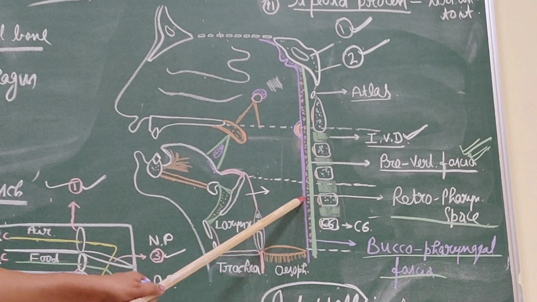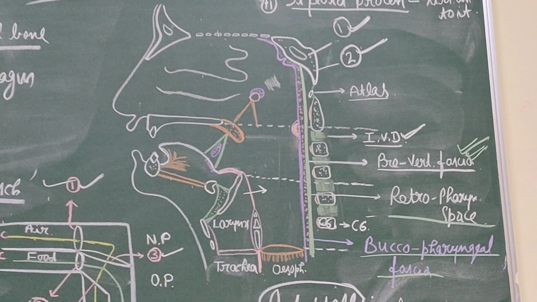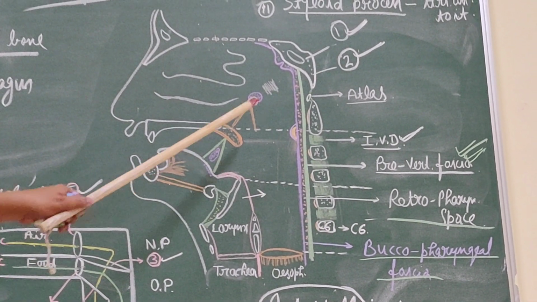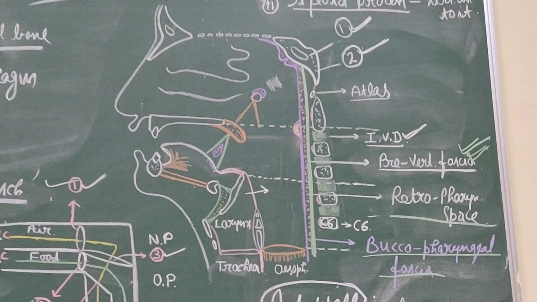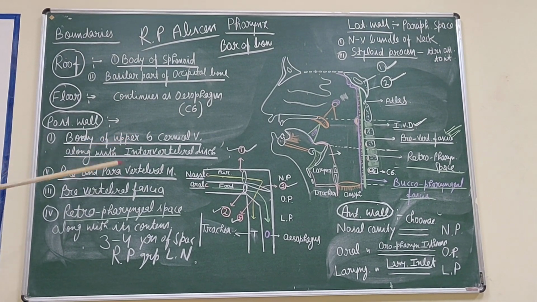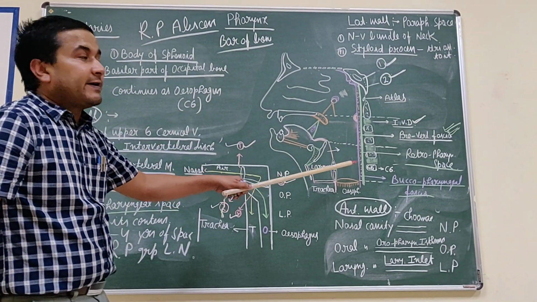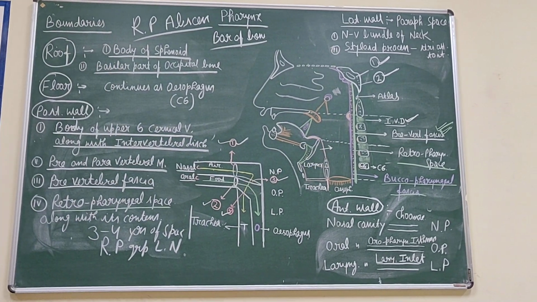This space is present behind the pharynx, and there is loose areolar tissue along with lymph nodes present in this space. So these are the posterior relations of the pharynx. The pharynx means the complete naso, oro and laryngopharynx.